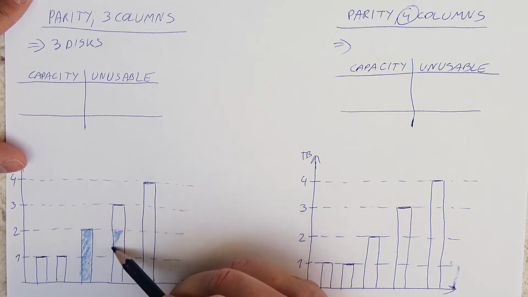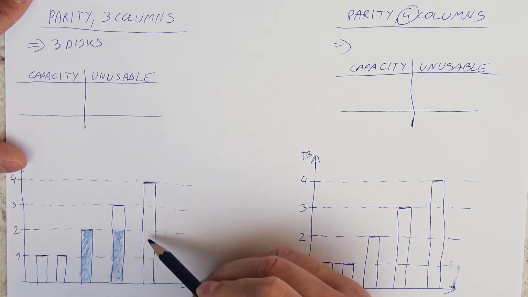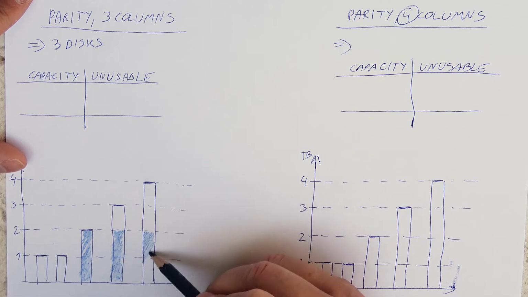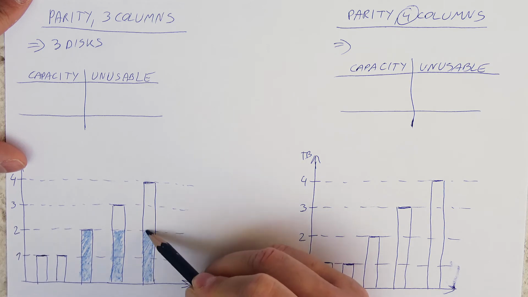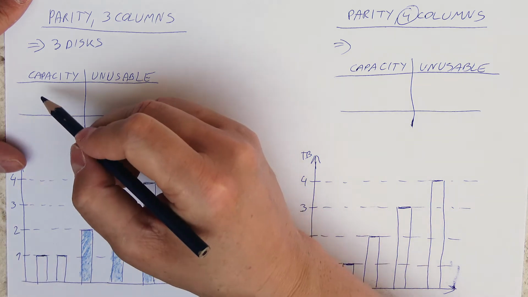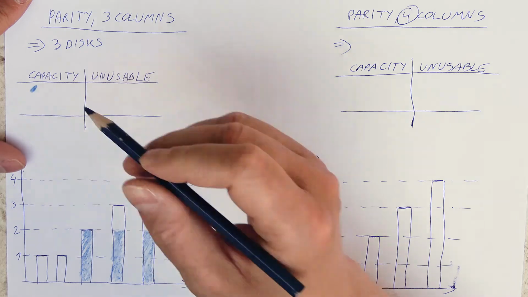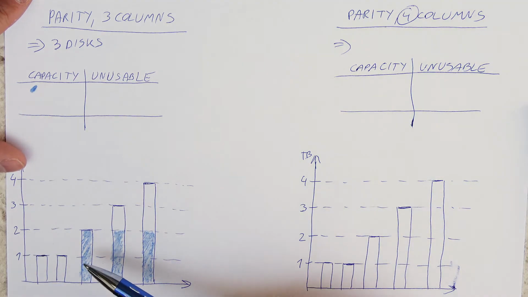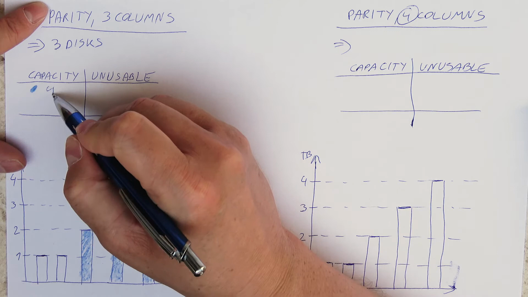First, second, third. Now we have the blue stripe. It has 2 plus 2 plus 2, 6 terabytes of raw disk space, but actual capacity in parity is 1 disk less. That means 4 terabytes in this case. So 4 terabytes.